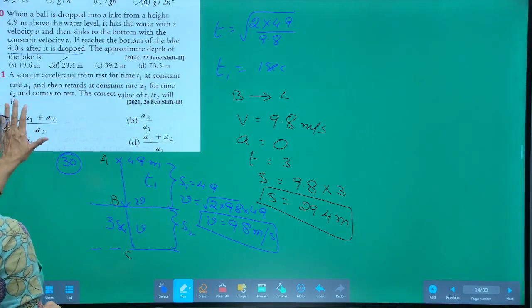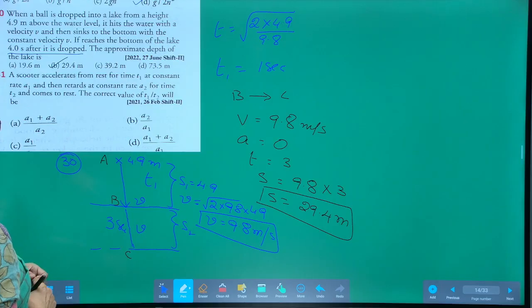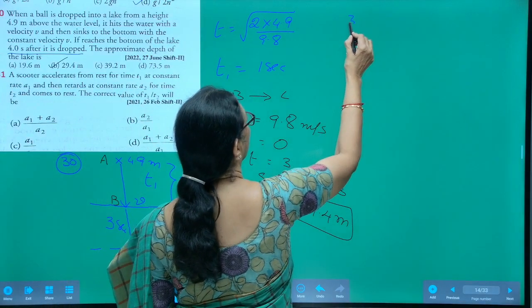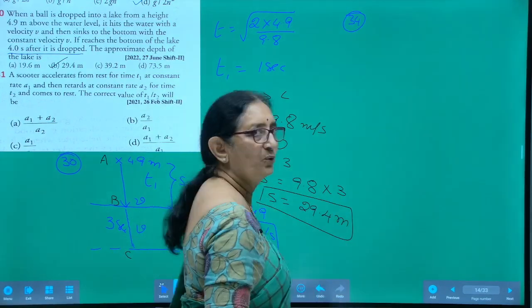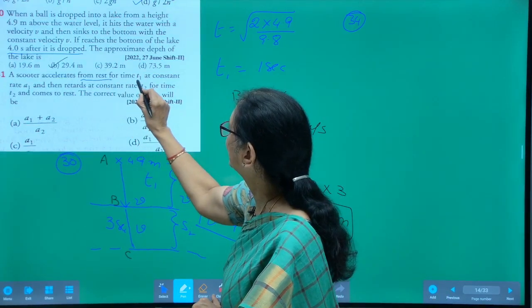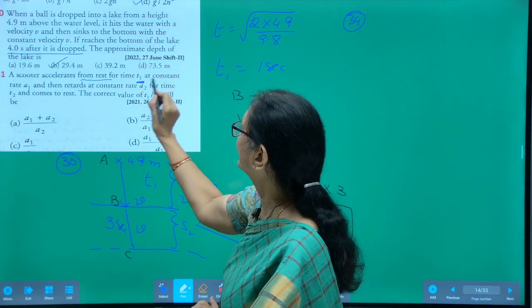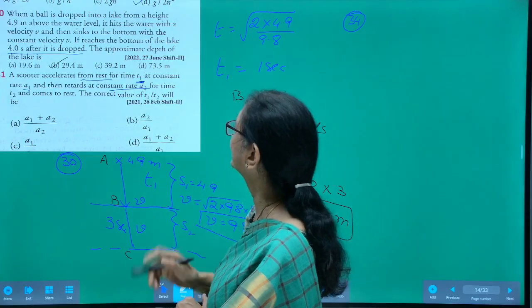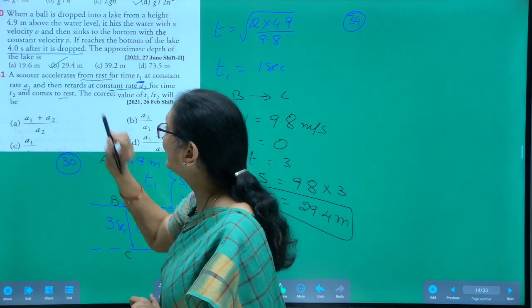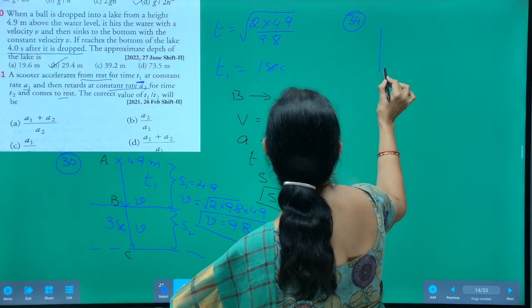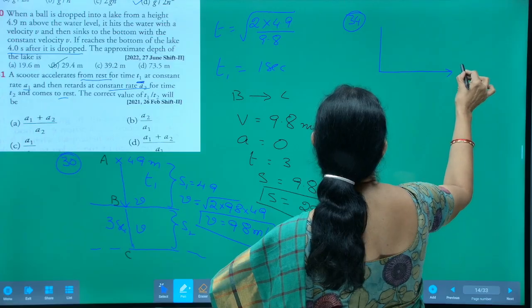Now, let us move on to the next problem. The 34th problem: a scooter accelerates from rest for time t1 at a constant acceleration a1, then retards at a constant acceleration and comes to rest. If you draw the velocity time graph, it will be like this.